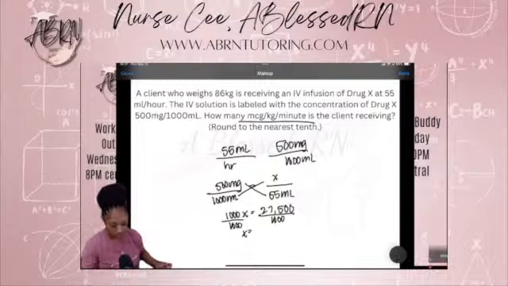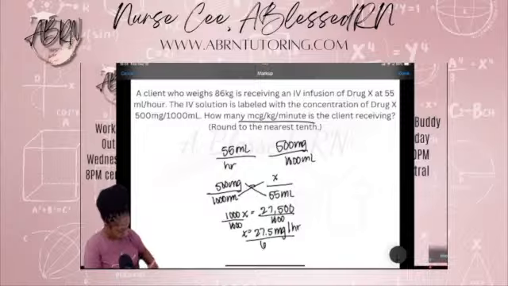So that would be this many milligrams an hour, okay? We need micrograms an hour, so we need to change this to be divided by 60. And that's going to give us how many milligrams a minute, right?